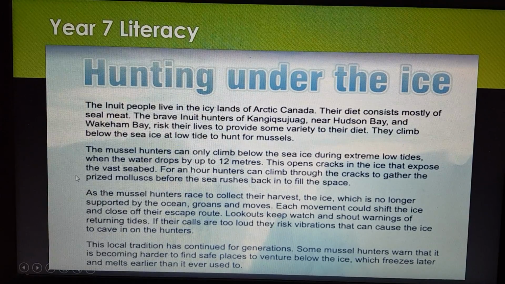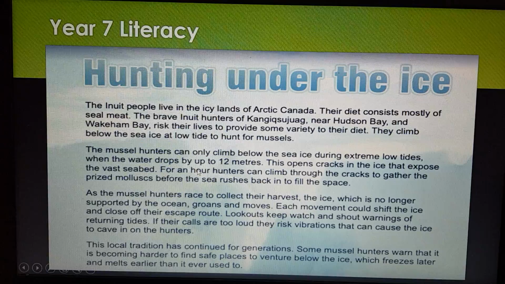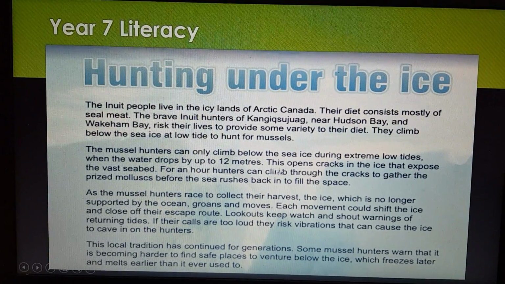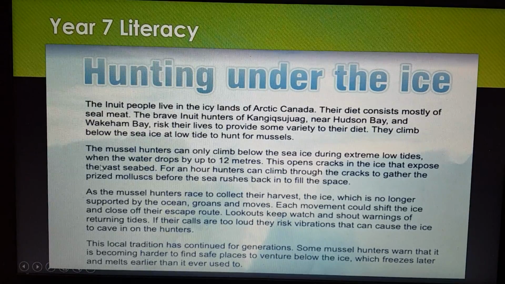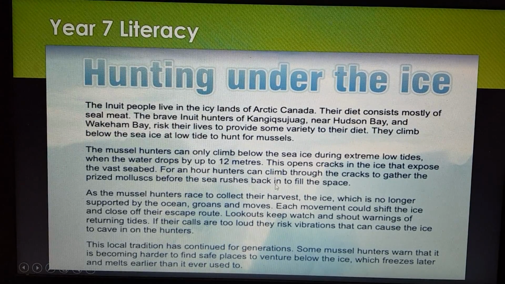The mussel hunters can only climb below the sea ice during extreme low tides when the water drops by up to 12 meters. This opens cracks in the ice that expose the vast seabed. For an hour, hunters can climb through the cracks to gather the prized molluscs before the sea rushes back in to fill the space.